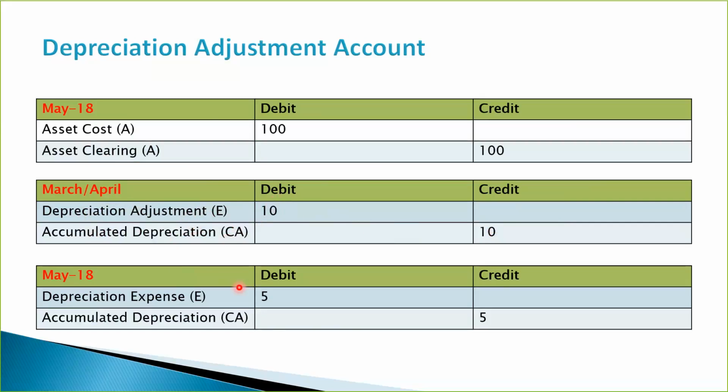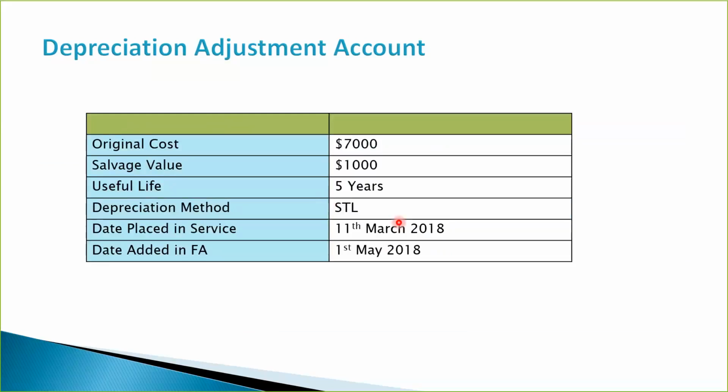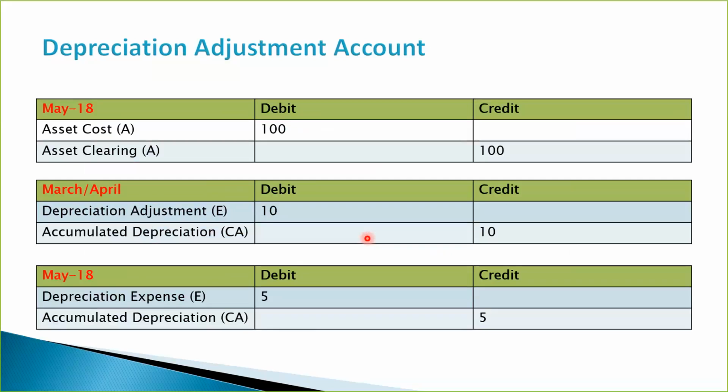And then you will have the actual depreciation expense for May, which is the period you're currently in. Okay, so this is for May, while these entries are for March and April, which are these two periods which were not accounted for because your asset had not been added in FA, although it had already been placed in service. All right, so this is 5 plus 5 to give 10, assuming the depreciation expense for this asset for every period is $5.